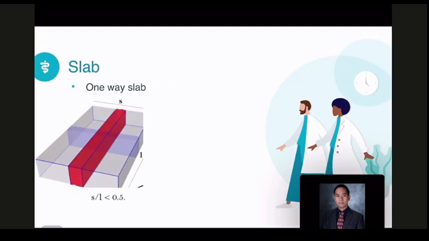So we have a one-way slab wherein the short span to long span ratio is less than 0.5. What I said earlier is that the short span or the width versus the length, the long span, is less than 0.5, meaning there is a big gap between the two.